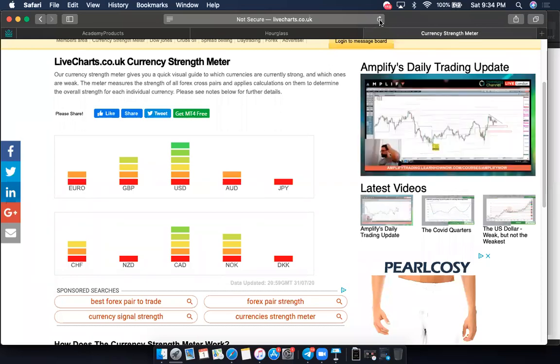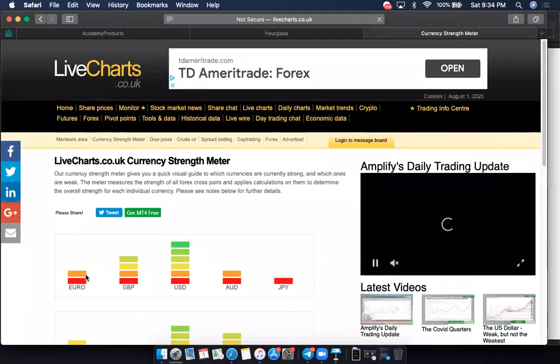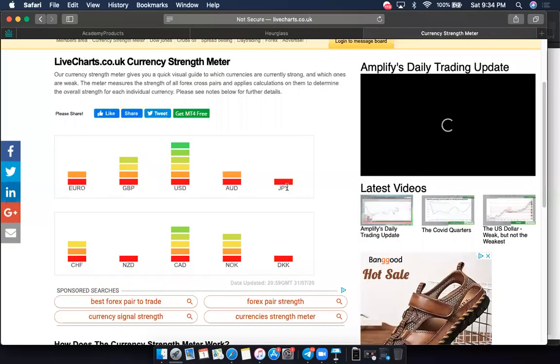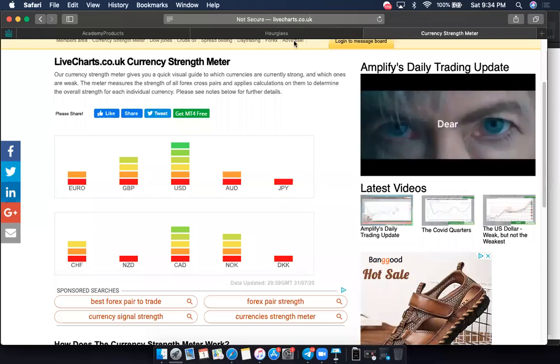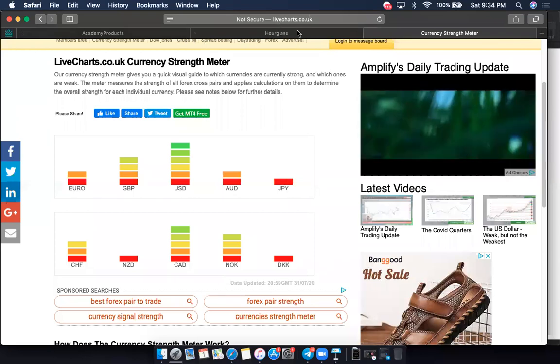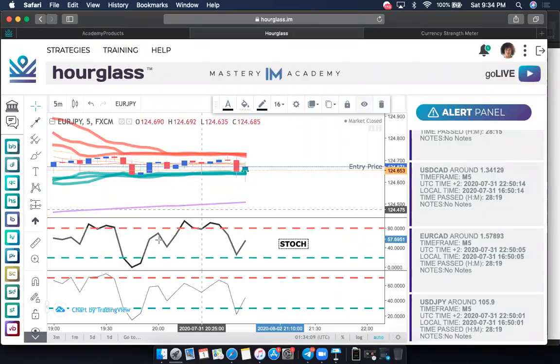Go to currency strength, refresh. Boom, Euro 2, JPY 1. So I already know I'm going to take this trade. But now let me look down here just for some more added sauce. Did the black line go below the green dotted line? No. So I don't get no points for that.